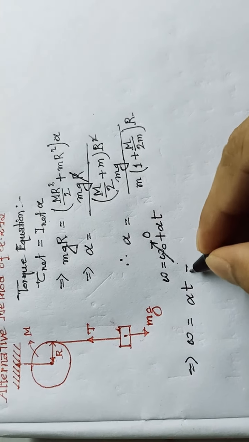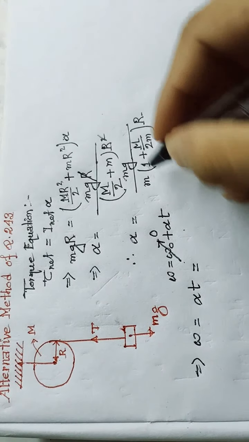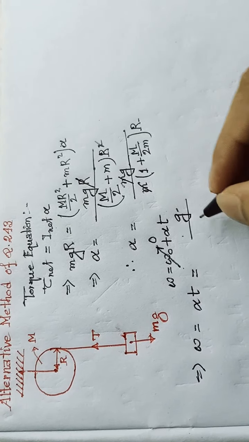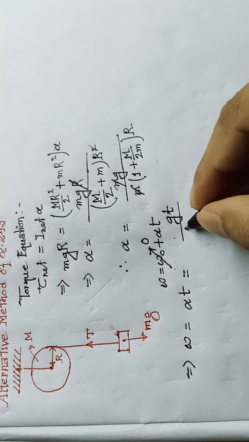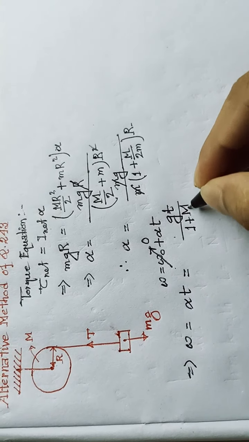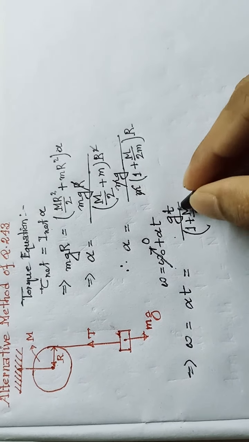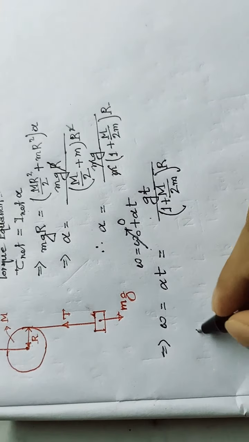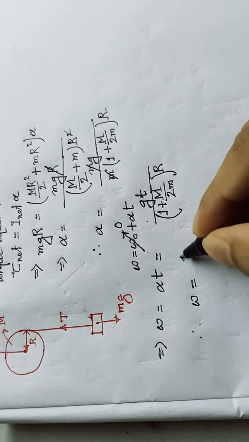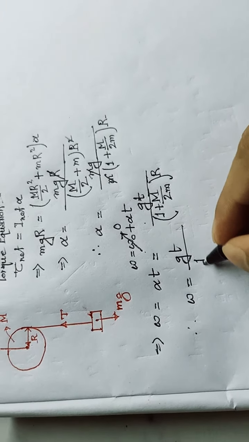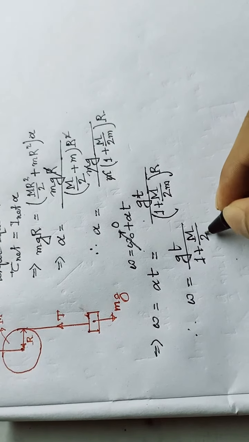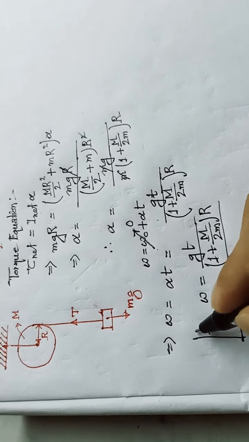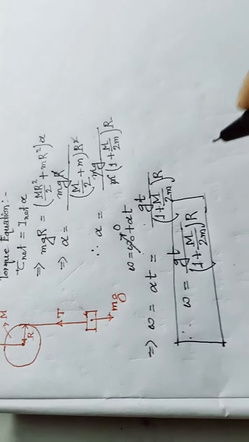So the required angular velocity will be omega equal to gt divided by 1 plus capital M divided by 2 times small m, into r. This is our required time dependence for finding the angular velocity.